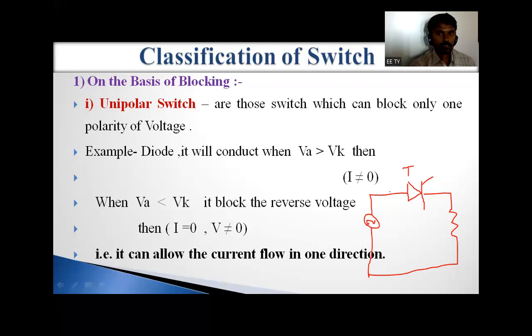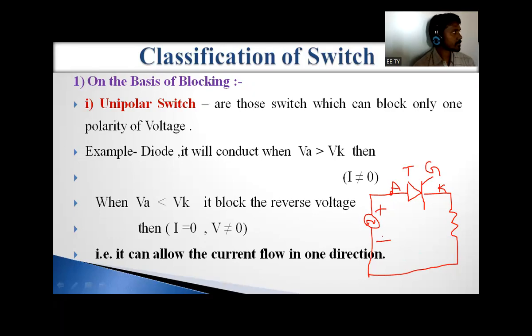So, the thyristor is having three terminals: anode, cathode, and this is the gate. Three terminals. In the case of diode, only two terminals. Okay. So, if supply voltage is like this, positive and negative, if anode is made positive and cathode is negative, okay, so the thyristor is turn on or turn off?